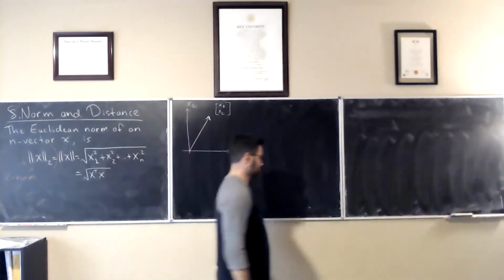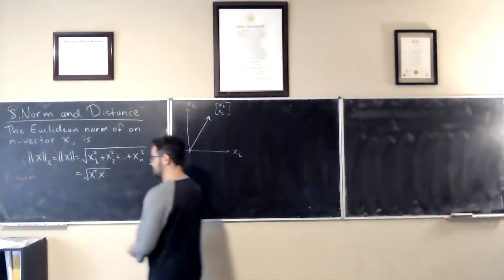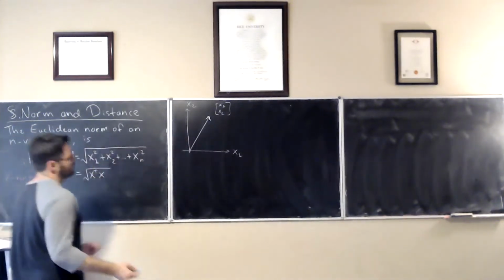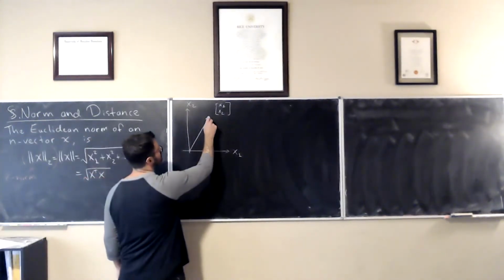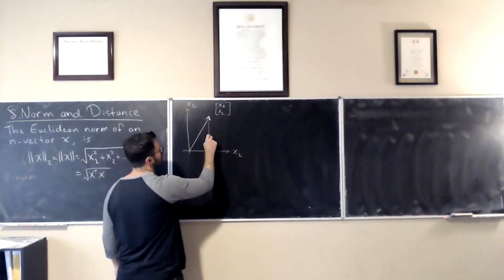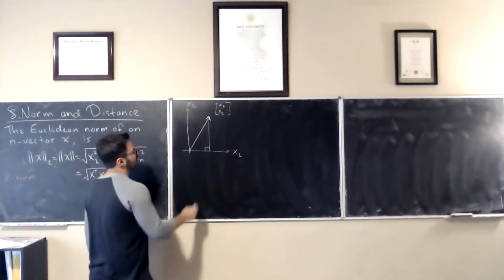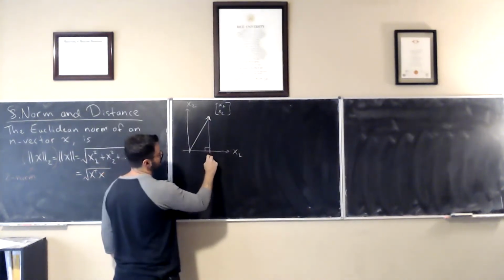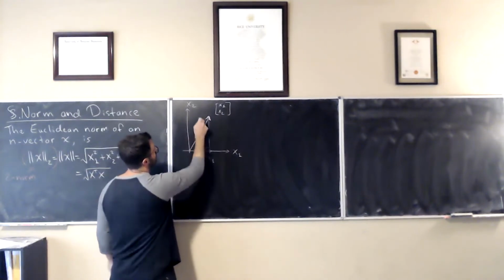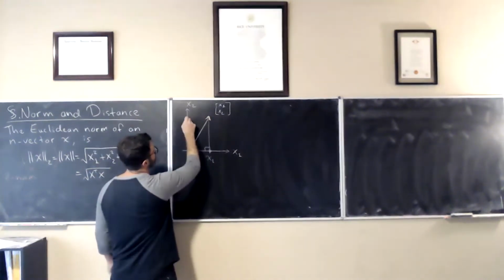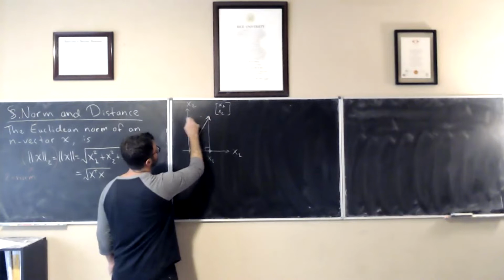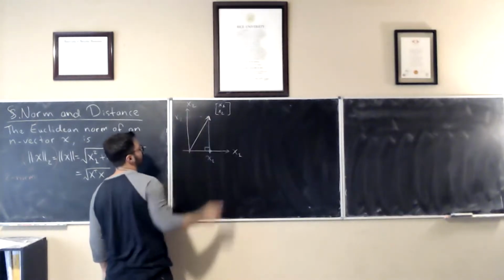Well, using a right triangle, here, this is like your x1 component, and then here, this is like your x2 component.